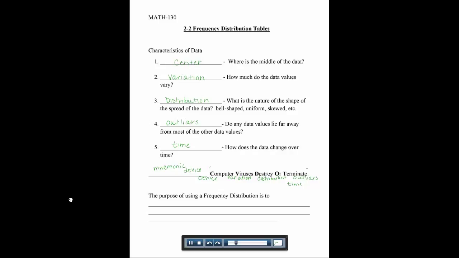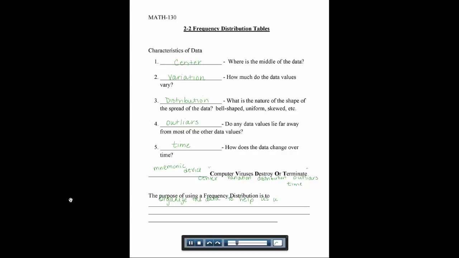So now let's get into frequency distribution tables. The purpose of using a frequency distribution table is that we want to be able to organize the data to help us understand the distribution of the data.